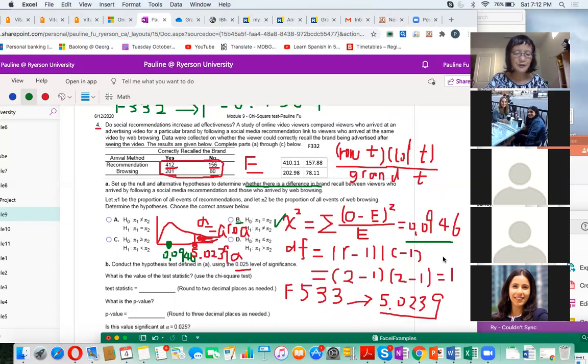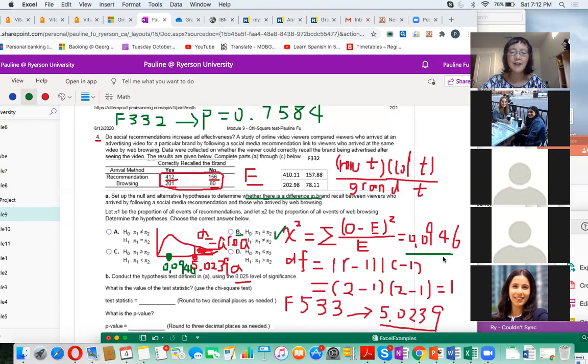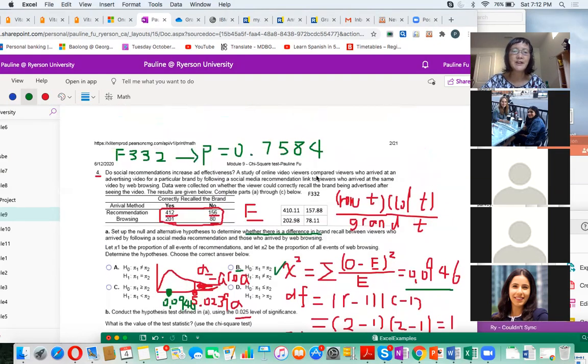So I'm going to verify the chi-square distribution p-value for 0.0946. Now I'm going to show you how to use the calculator to get a p-value, another method using F5.